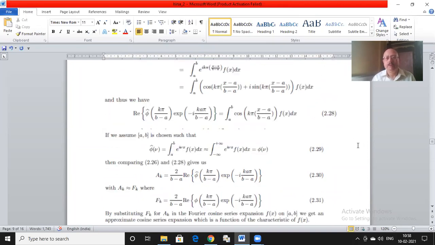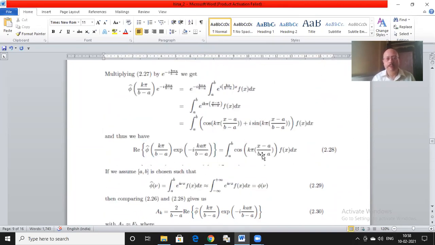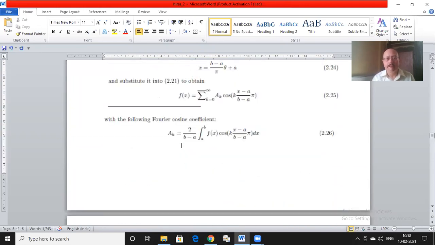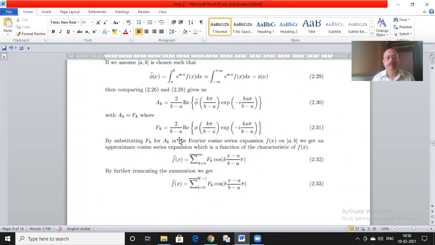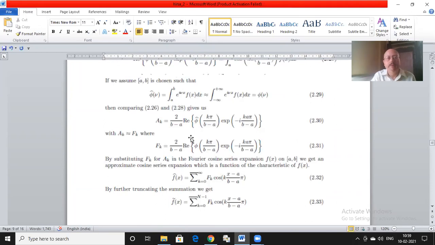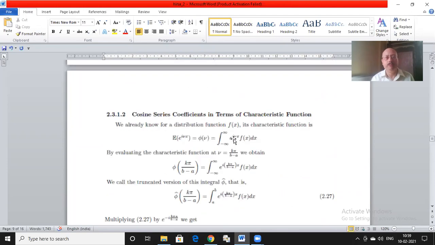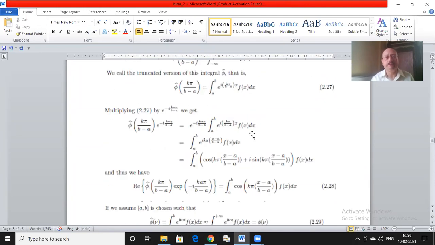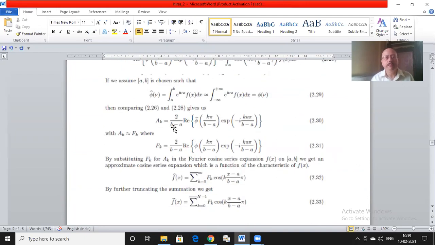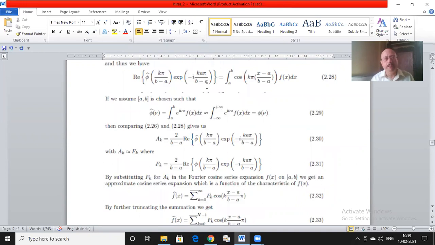Then if I compare this 228, this real part here, with 226 above, this cosine, I can also say that the coefficient AK is defined like this. AK will be equal to 2 by B minus A and then the real part of this.